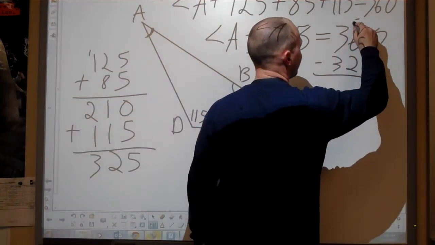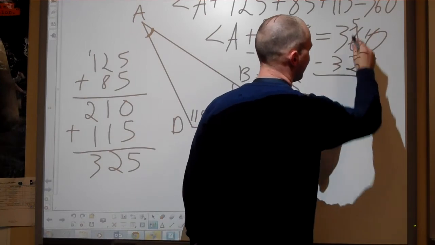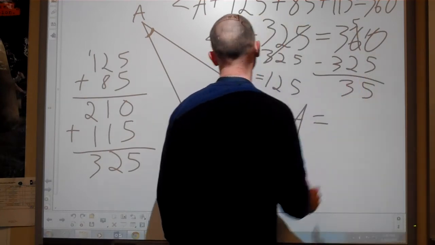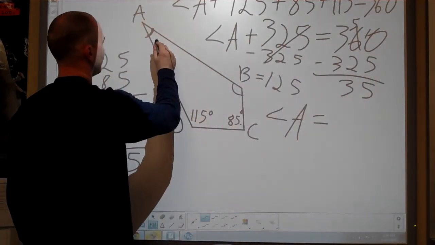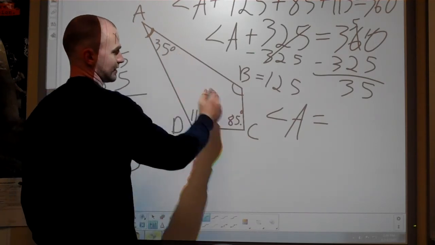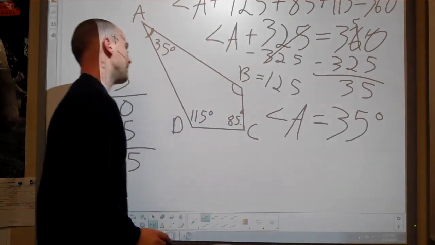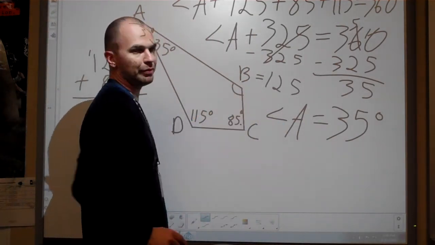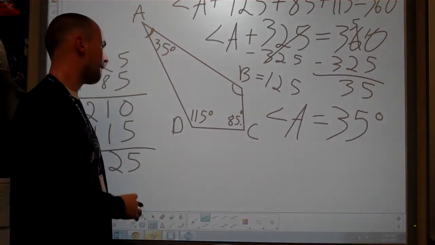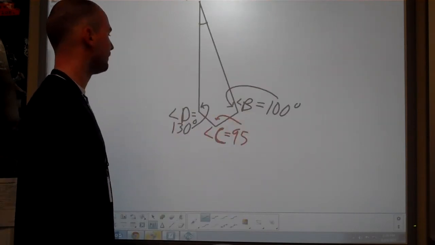So, make this a 5. 10 minus 5 is 5. 5 minus 2 is 3. So this angle A must be 35 degrees. Angle A here equals 35 degrees because all four of them added up equal 360 for any quadrilateral.